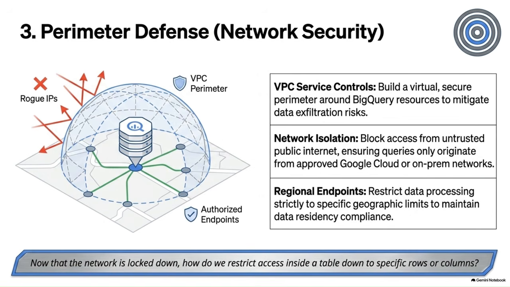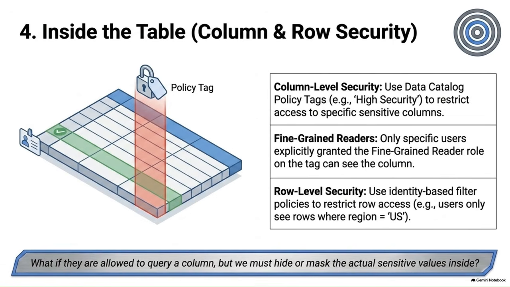If you want to make sure that certain people should only see certain columns and certain people should only see a certain number of rows, how can you do that? That is also provisioned by BigQuery. You can enable row level and column level security in BigQuery. There is a way to implement column level security using policy tags.